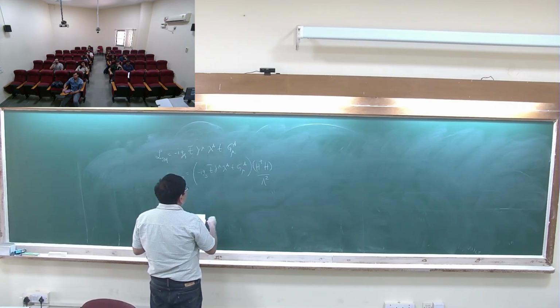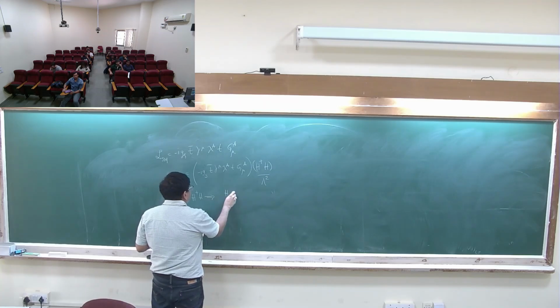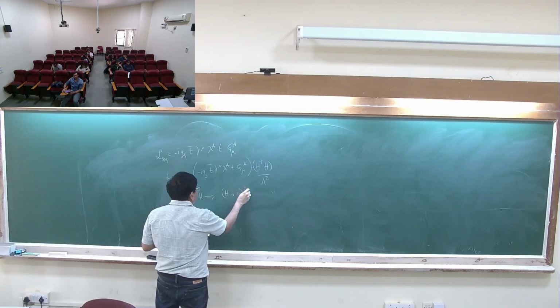So what does this do? Now h dagger h goes to (h plus v) whole square by 2.